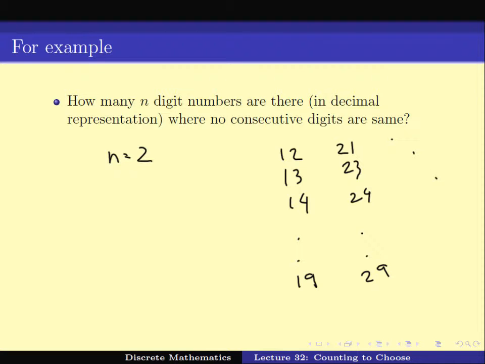Now, of course, if n equals 2, you can almost write down the actual number of such options.